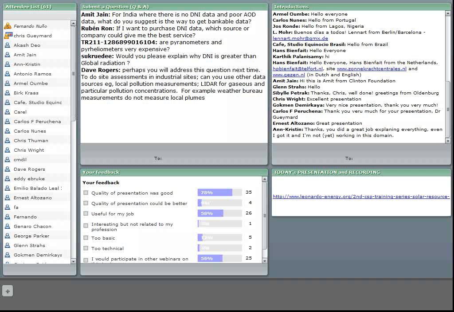Using LiDAR is a good idea, but you have to process that, and it's not obvious, and it's very specialized. So there are a lot of very tough technical issues there. But as I said, there can be some very sophisticated model to do that when measuring DNI, but it's not mainstream in the solar energy business, I would say.